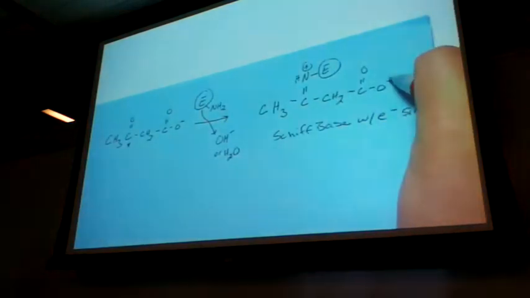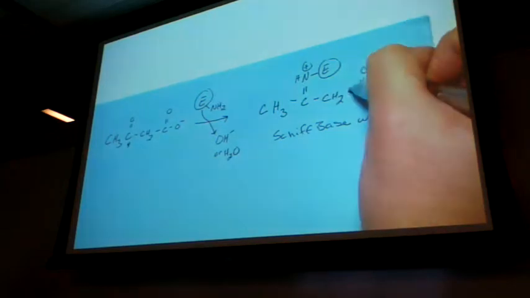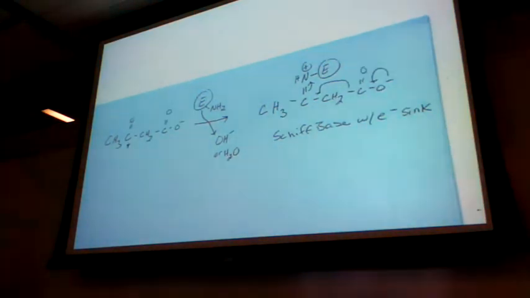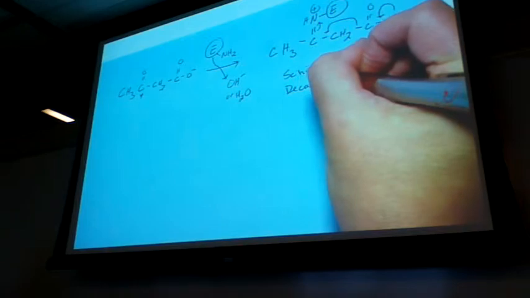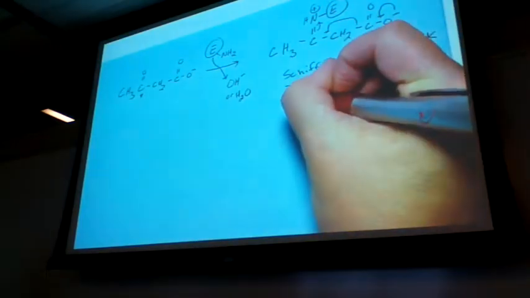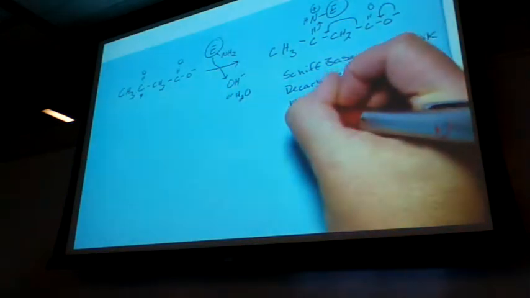So now, again, we're going to get this, and we're going to get that, and we're going to get that. So decarboxylation occurs more readily because electrons are pulled towards the positive charge.